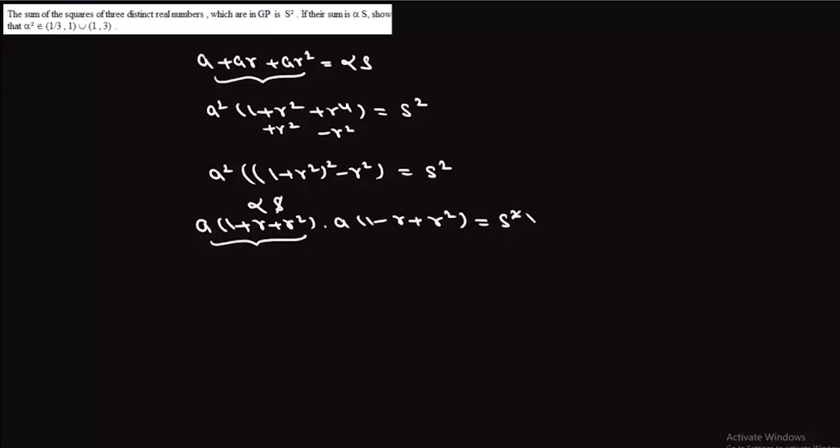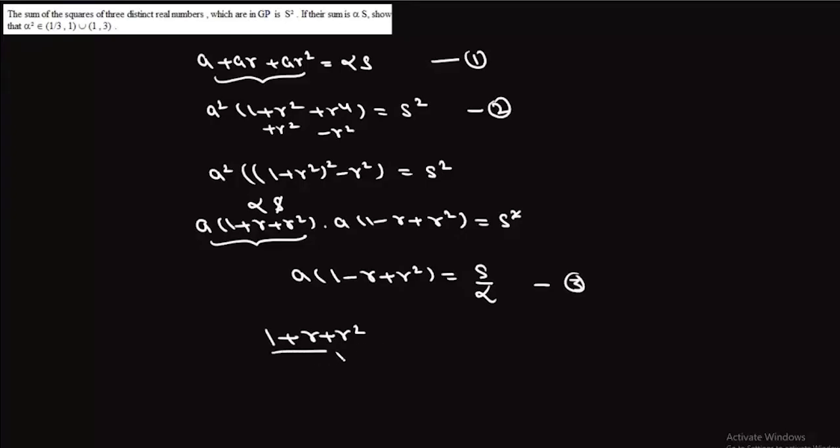S will cancel once, so we can write a(1 minus r plus r square), and that will be equal to s upon alpha. So this is our first, this is second, and this is our third result. Now what we'll do is we'll divide first with third, then we can write (1 plus r plus r square) upon (1 minus r plus r square), and that will be equal to alpha square.